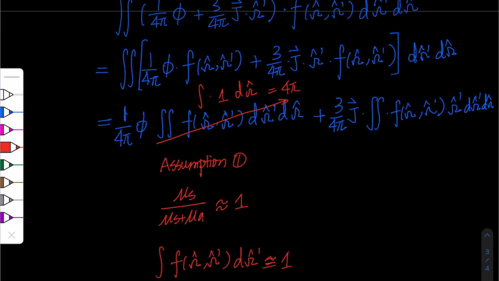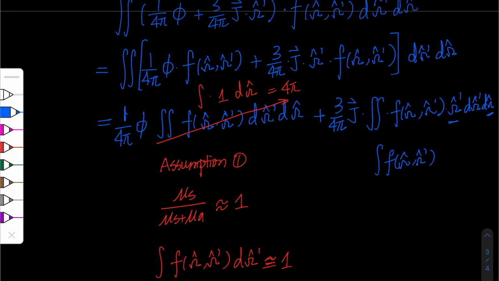The second one is almost the same. The two integrals are interchangeable, so we can do the integral over omega hat first.